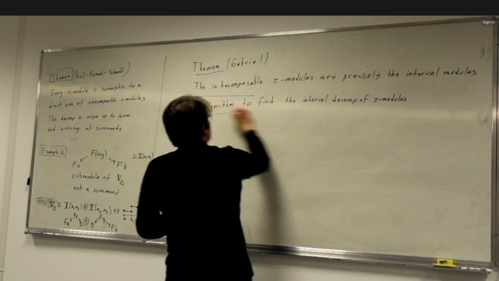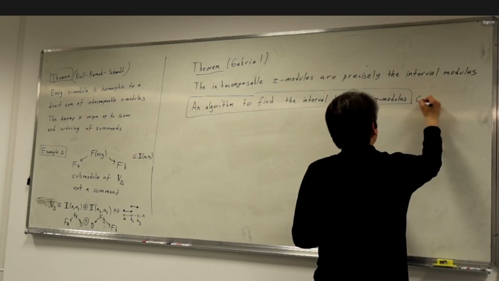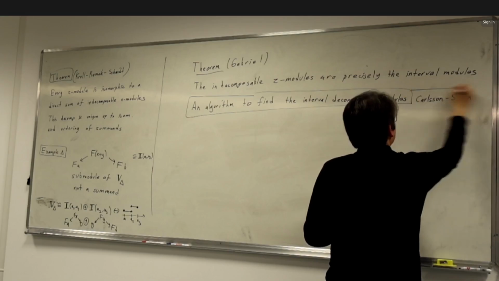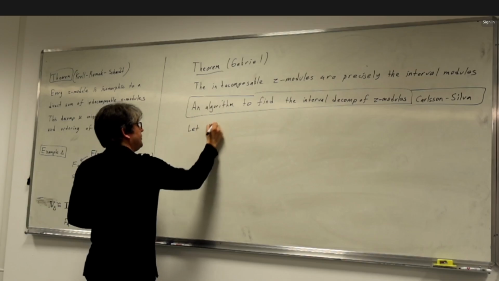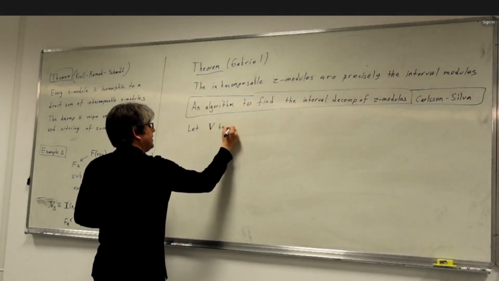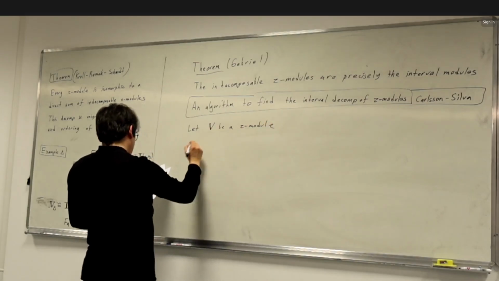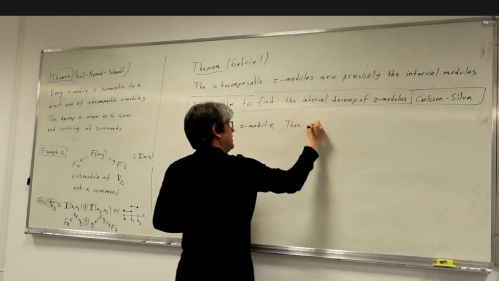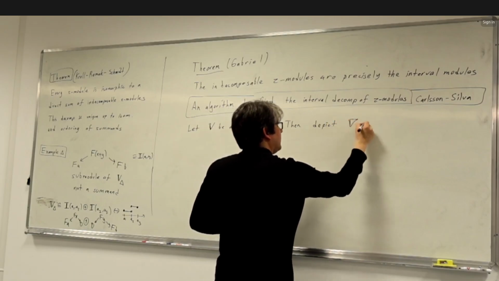This algorithm is due to Carlsson and de Silva. So let V be a tau module. Then we will depict V as follows.